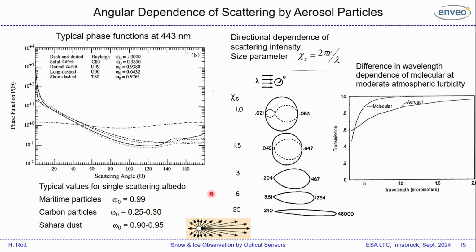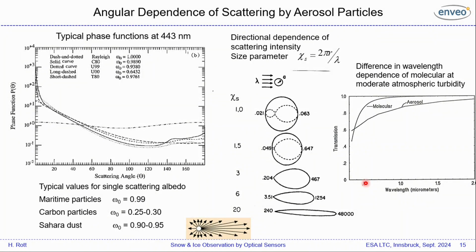So this is, of course, also one problem. And then the directional dependence depends very much on the size function of the particle. And of course, when you try to estimate the scattering function in the atmosphere, you can assume certain regional parameters, certain assumptions.